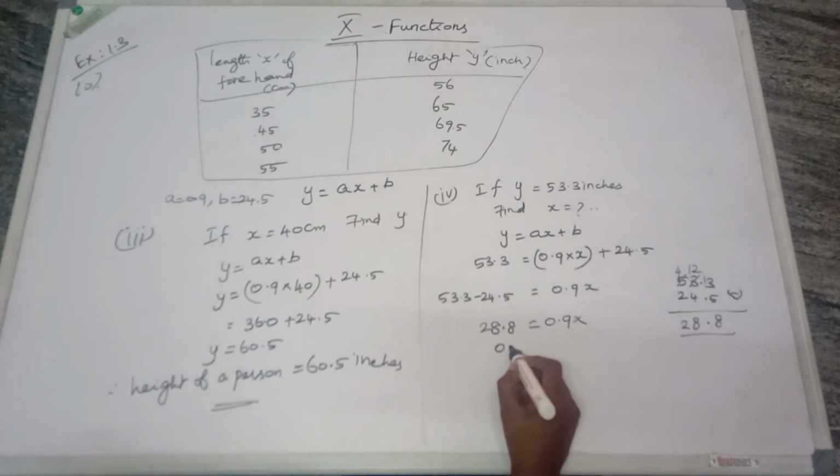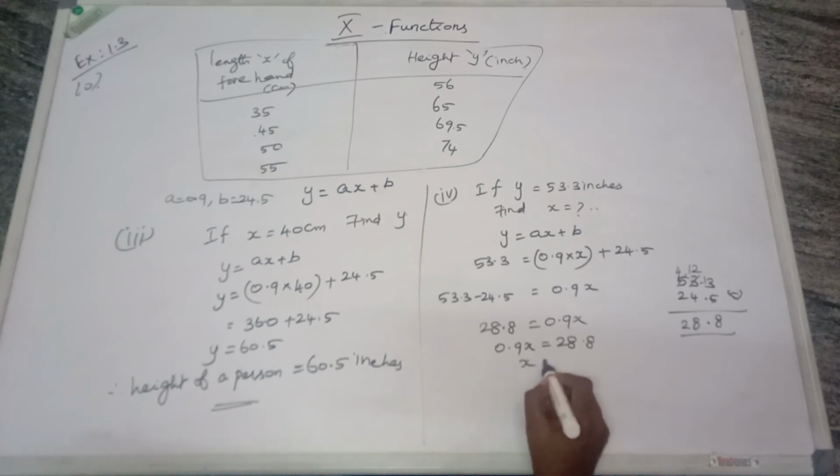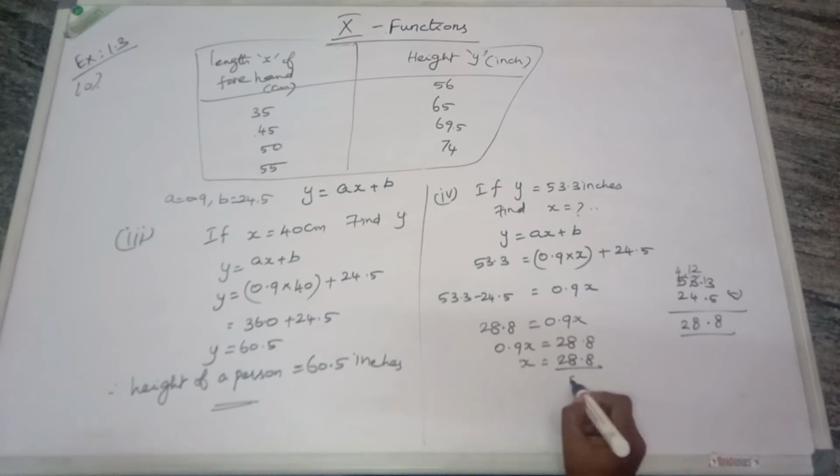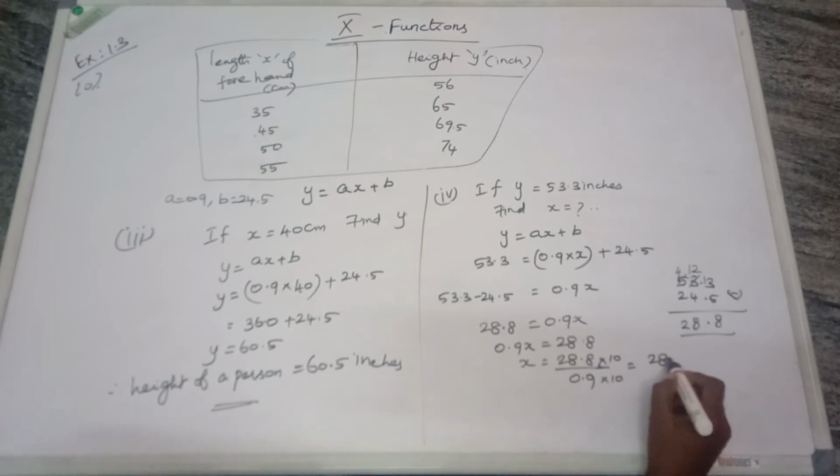That is, we can write 0.9x equal to 28.8. So what is the value of x? 28.8 by 0.9, because it is 0.9 into x, so it becomes division while you transpose. In numerator and denominator we have one decimal, so you have to multiply and divide both by 10. So we get whole numbers, 288 by 9. 1 9 is 9, 3 9s are 27, balance 1, then 2 9s are 18.